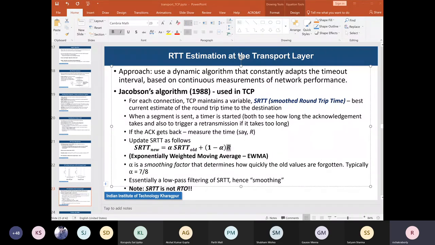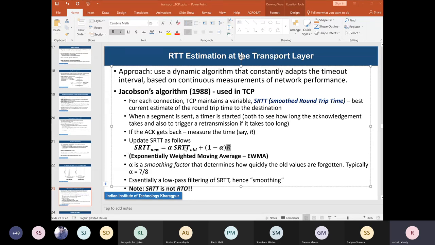The reason why this is called exponentially weighted is that if you keep on expanding this recurrence relation in terms of SRTT 0, SRTT 1, etc., you will find multiples of alpha, alpha squared, etc., coming up, multiplied with 1 minus alpha on the old values of R.